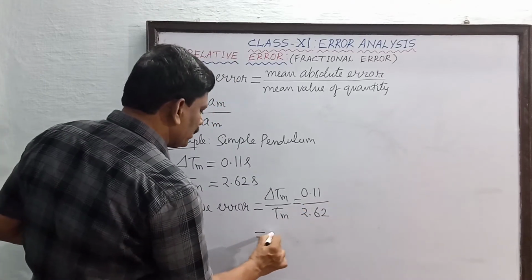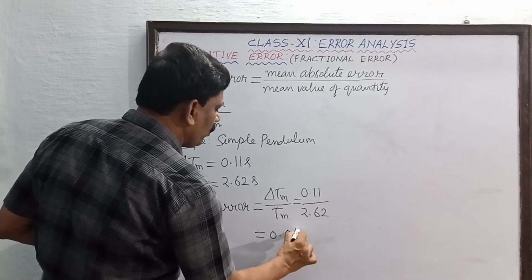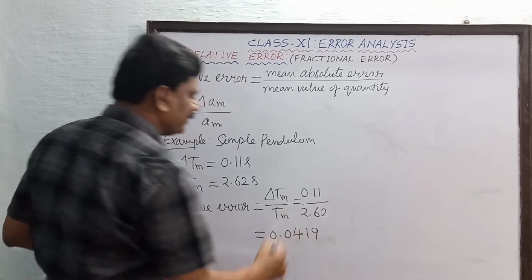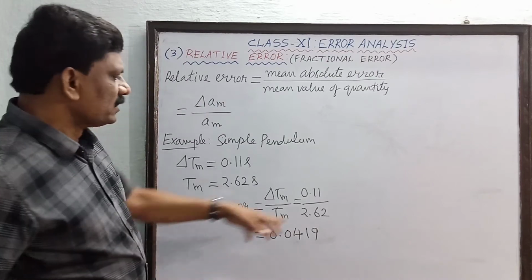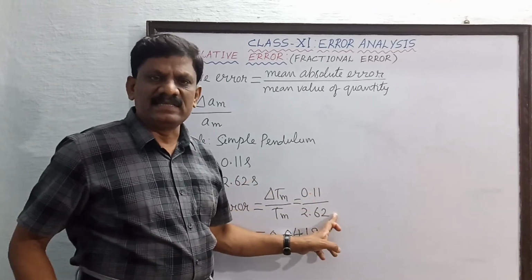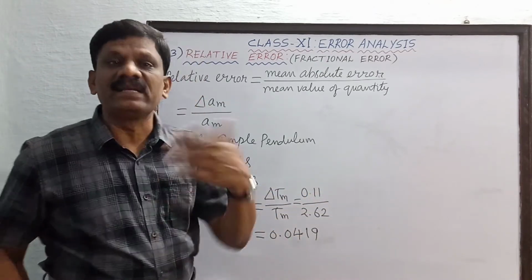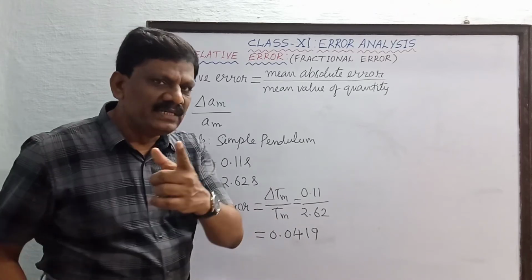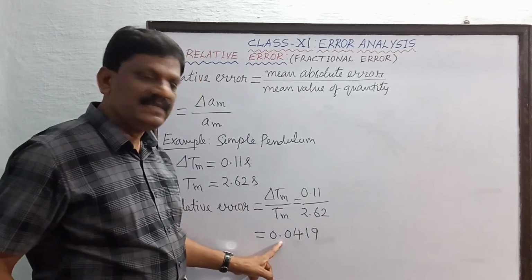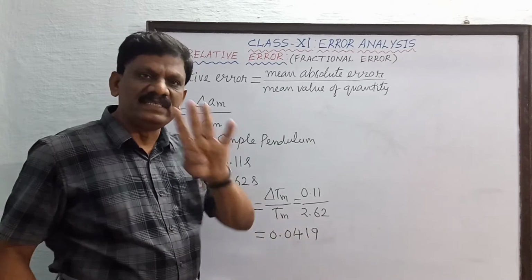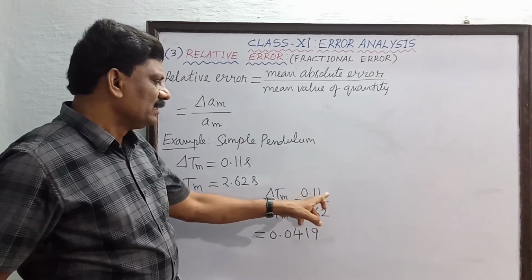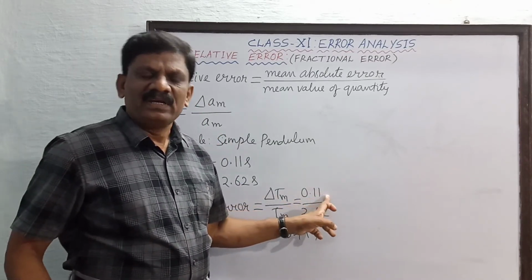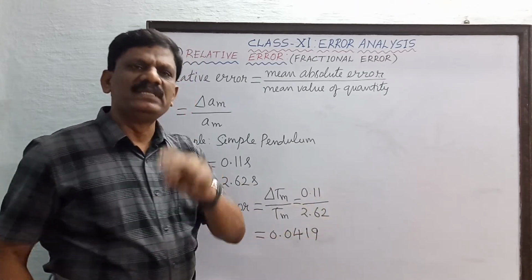So I am getting 0.0419. This is in seconds, this also is in seconds, therefore it has no unit because it is a relative term. But how many digits are there after the decimal here? 0.0419, 4 digits. But only the minimum number of digits are allowed, that is 2 digits after the decimal.